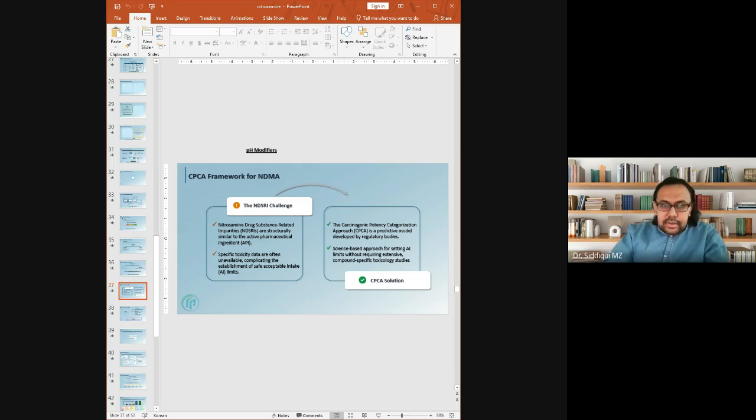For example, NDSRIs are very similar to the APIs usually, so the specific toxicity data is often unavailable, complicating the establishment of safe acceptable intake limits. So with this carcinogenic potency categorization approach, we can predict and have the acceptable intakes for NDSRIs.